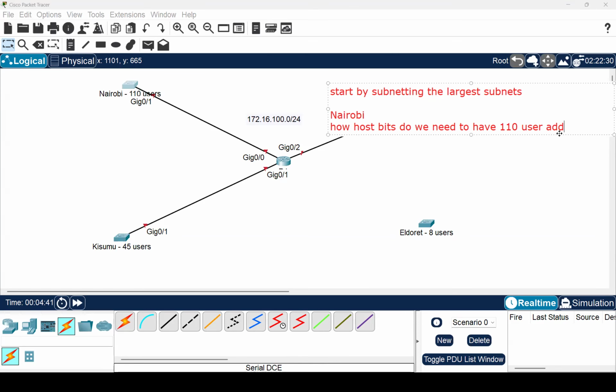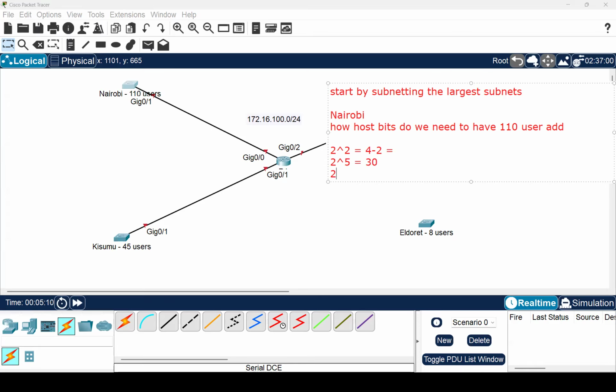And so you say, if we say 2 raised to power 2, that is not enough because that is just 4 minus 2, which will leave us with just 2 addresses, which is not enough. Now, I don't want to go through each of them. I'll skip. What is 2 raised to power 5? It will give us a total of 30 if we subtract 2.